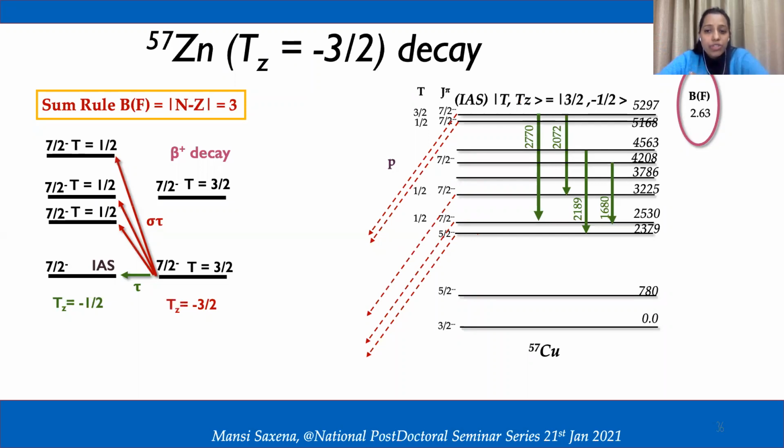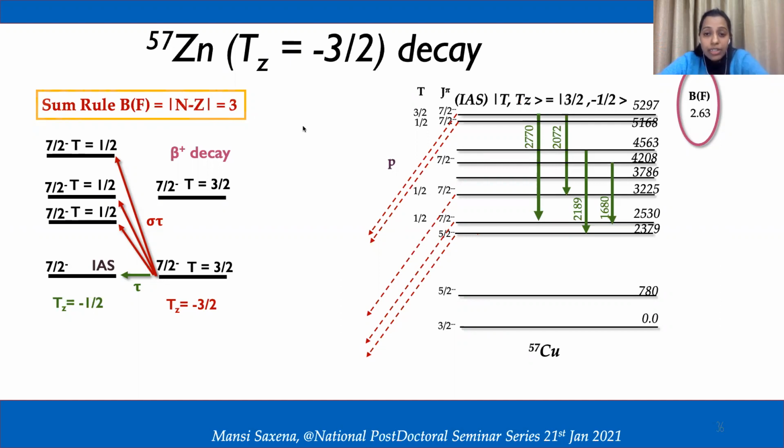Isospin symmetry prevents any fragmentation of the Fermi strength, and the sum rule should be exhausted by the single isobaric state. So considering isospin symmetry, the Fermi strength of this isobaric transition should be equal to 3.